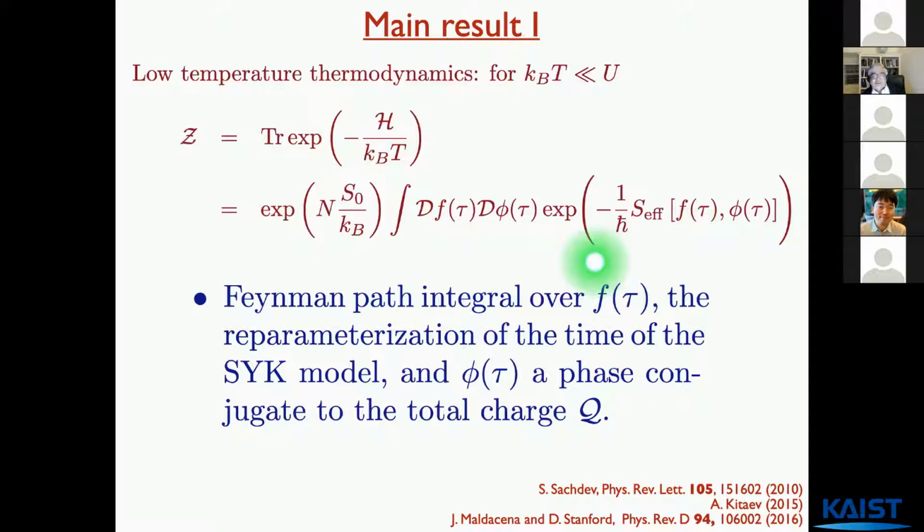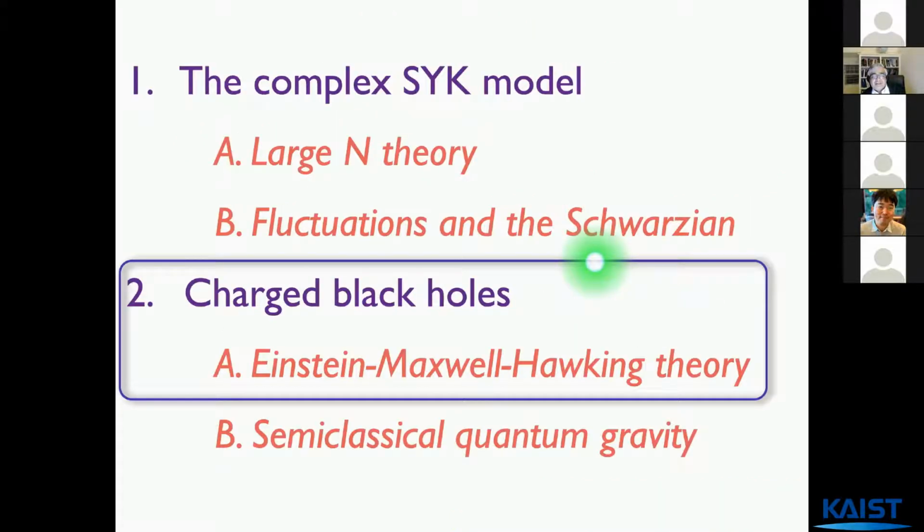Okay, so now let's go to the second part. We're going to study charged black holes, and here our theory would be just the Einstein-Maxwell theory. We look at the saddle point. This has, of course, been known for a while. And then Hawking told us that once you have any classical solution, what its entropy is.